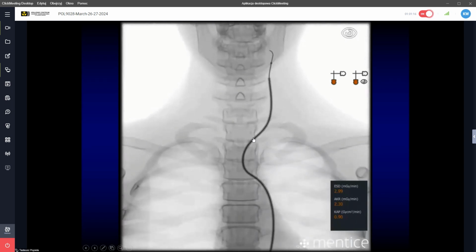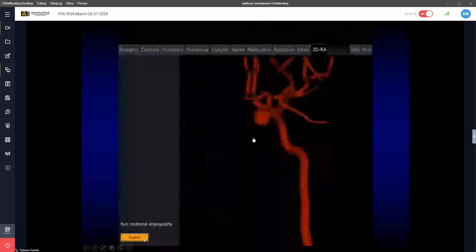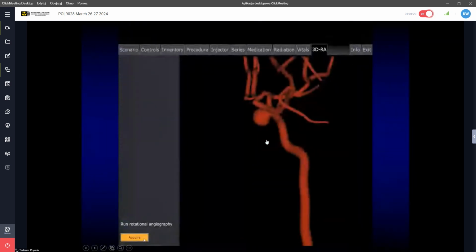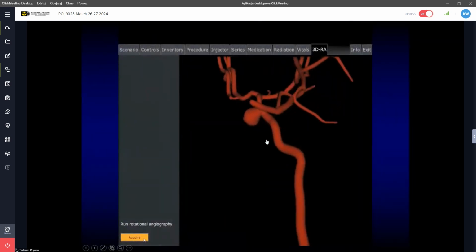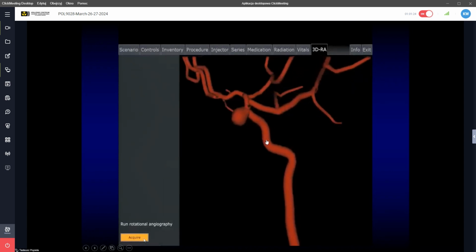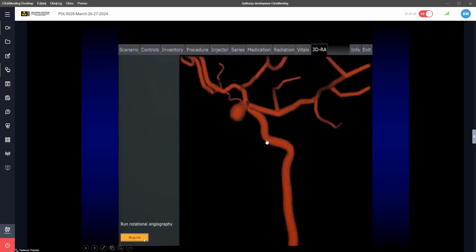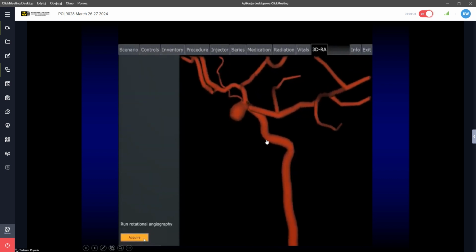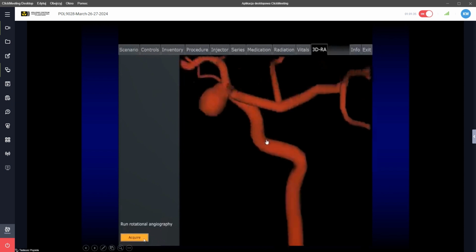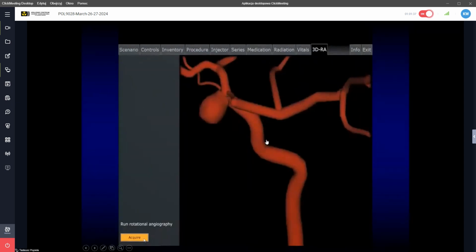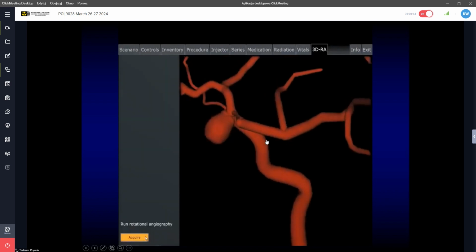When we are in the left internal carotid artery, then we can do the 3D, because as I mentioned before, the 3D DSA is the right examination to assess the aneurysm in terms of the embolization. So you can see there's the aneurysm. We can make all necessary measurements.